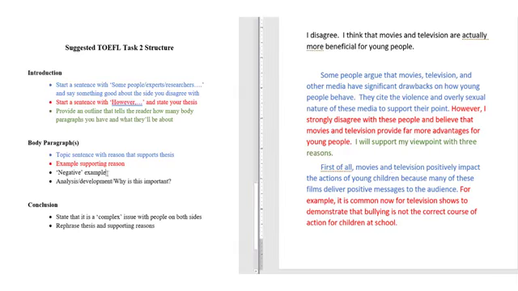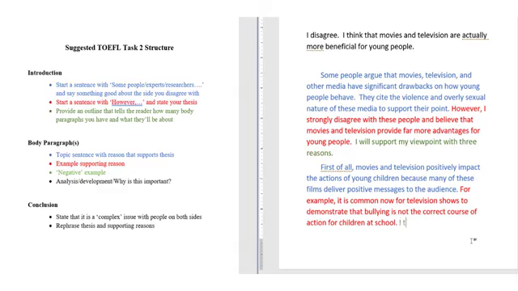Now, here's where you get into a very cool thing called the negative example. In the negative example, you present a situation where without movies and television, these positive messages cannot be delivered. So I would say something like this.